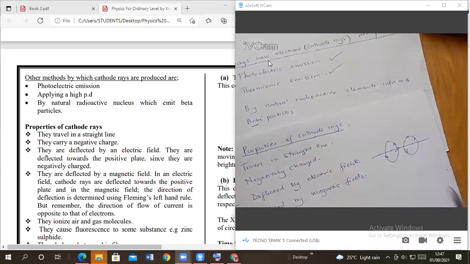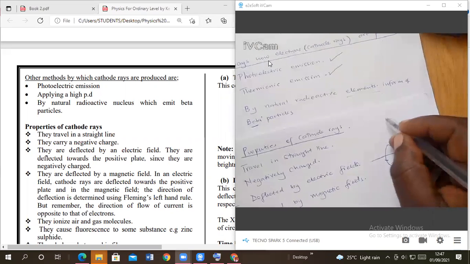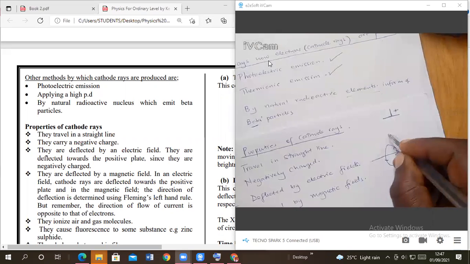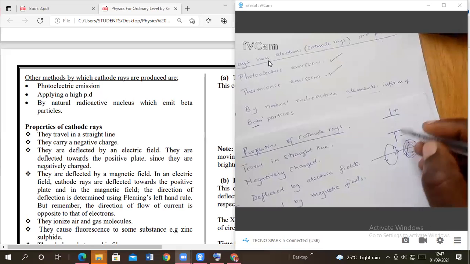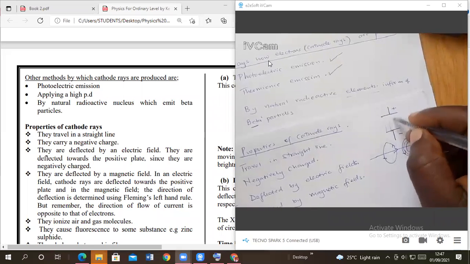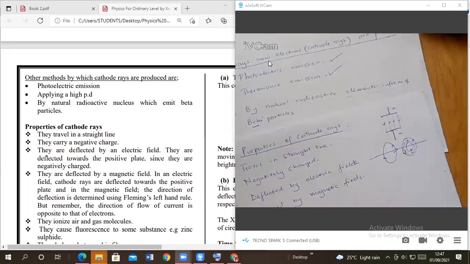If you have one terminal which is positive and another terminal which is negative, there will be electric fields between those two terminals, moving from the positive to the negative. You cannot see them with your naked eyes. Even if you use a microscope, you may not see them because they are just fields.